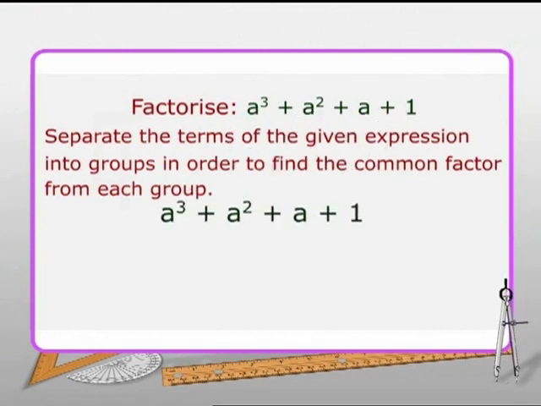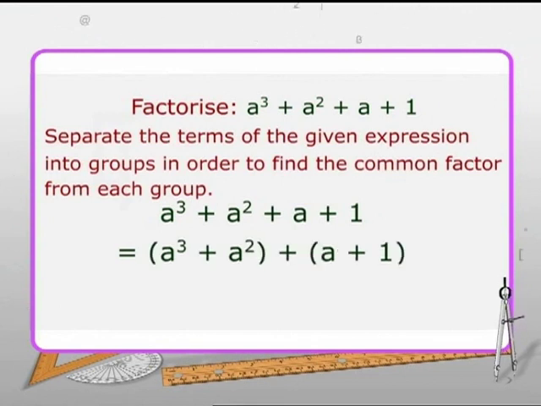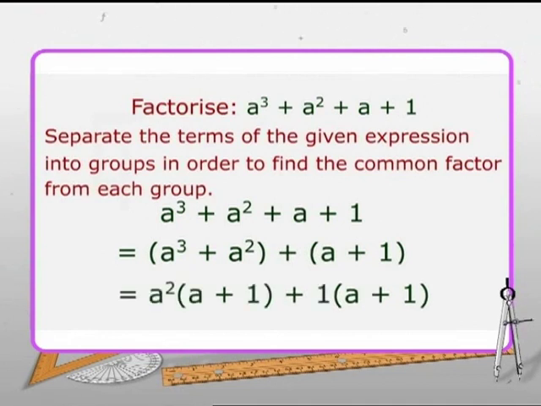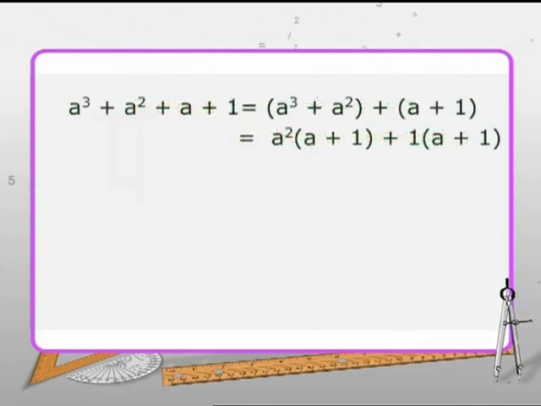First, divide the terms of the given expression into groups in order to find the common factor from each group. Grouping the terms as a cube plus a square and a plus 1, we get a square as a common factor from the first group and 1 from the second group. Now, both groups have common factor a plus 1.